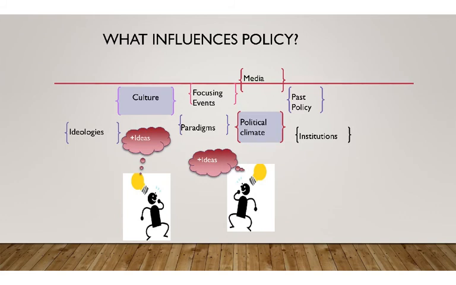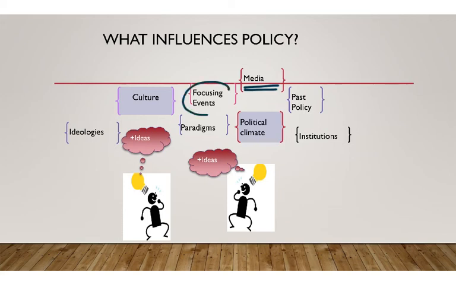So in trying to decide what influences policy, you could begin to brainstorm a number of factors. The media can influence the types of problems that we identify or how we define that problem.